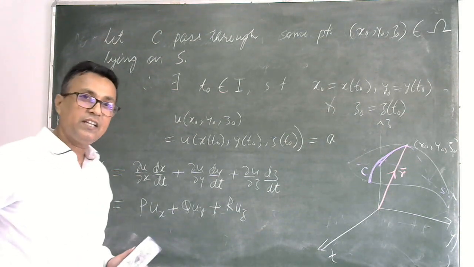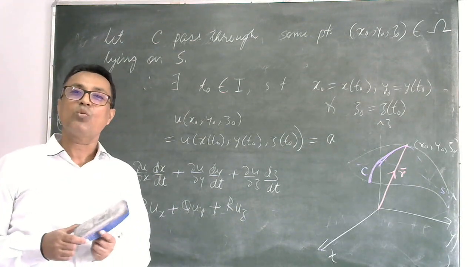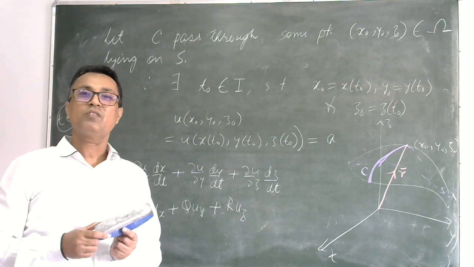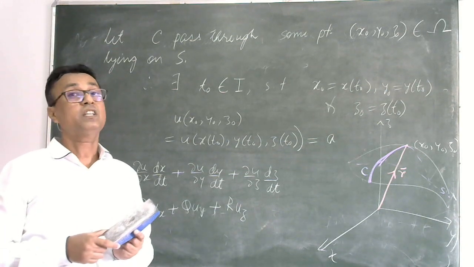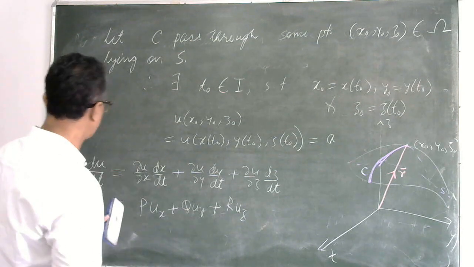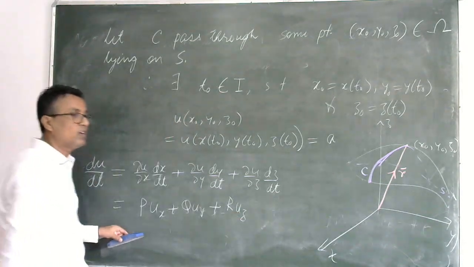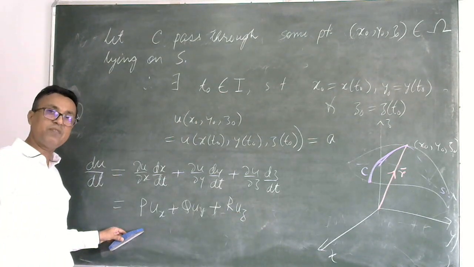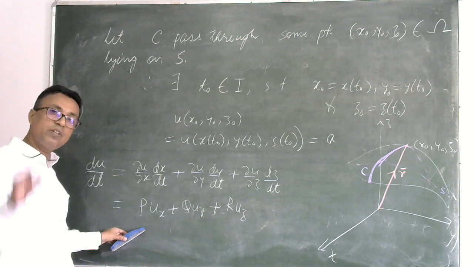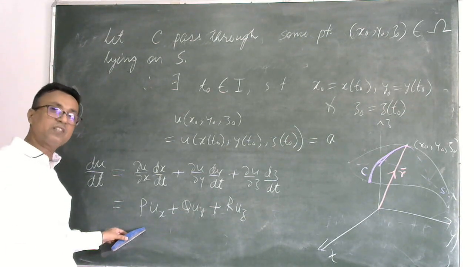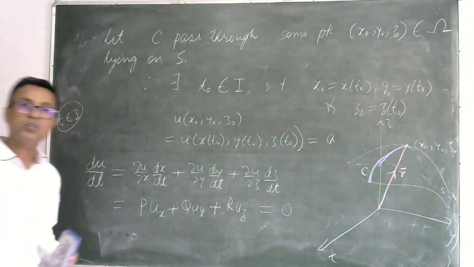And again, what is our original differential equation? From the definition of integral curve, this u satisfies this equal to 0, isn't it? Only from there the definition of integral surface came, right? So u being a first integral of V, from here I get this to be equal to 0.